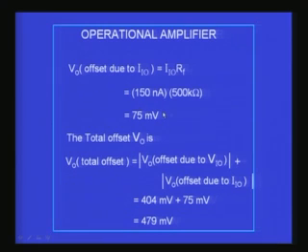So, you have now independently calculated the output offset voltage due to input offset voltage alone and due to input offset current alone. The total offset voltage is a sum of these two. So, total is 404 millivolt due to input offset voltage plus 75 millivolt due to input offset current, and the total is 479 millivolt, which is the answer for the problem.